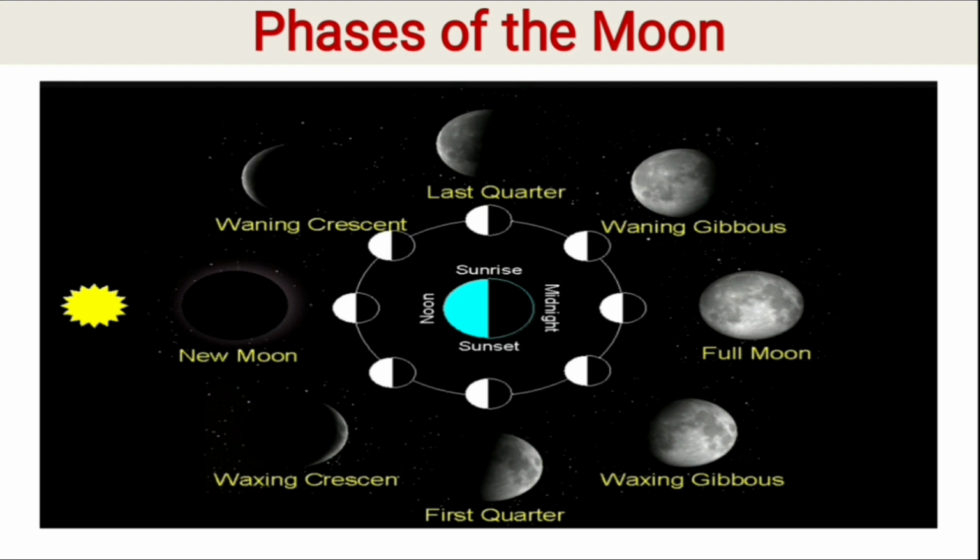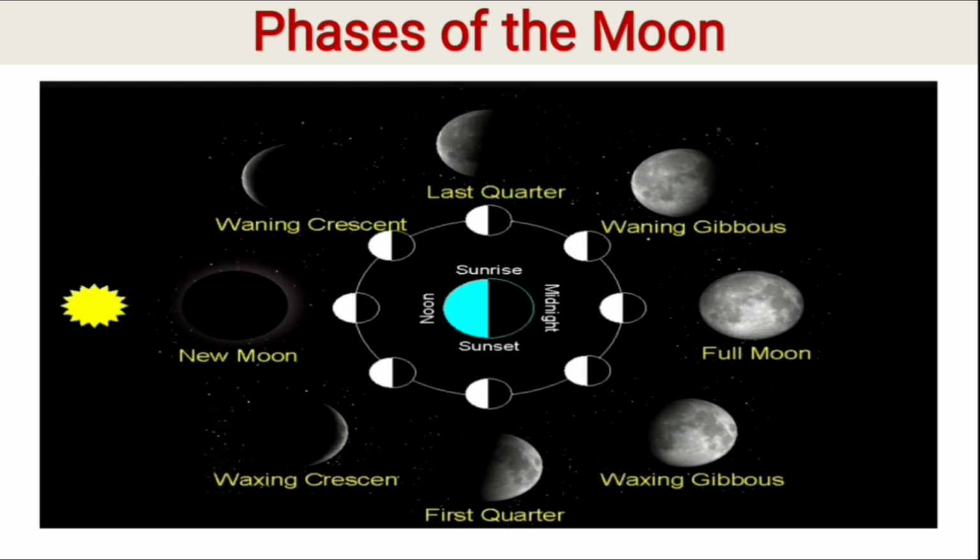We know the moon revolves round the earth at a fixed orbit, and it doesn't have its own light. So, when the moon is exactly in the middle of the earth and the sun, it becomes invisible in the night sky. This invisible phase of the moon is called the new moon.